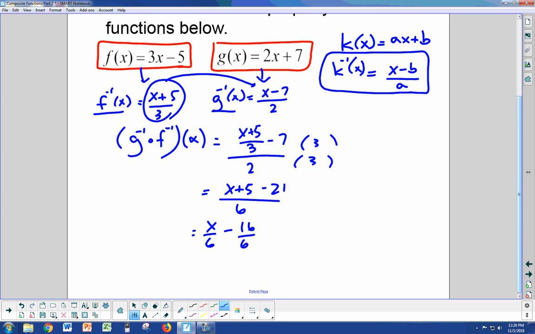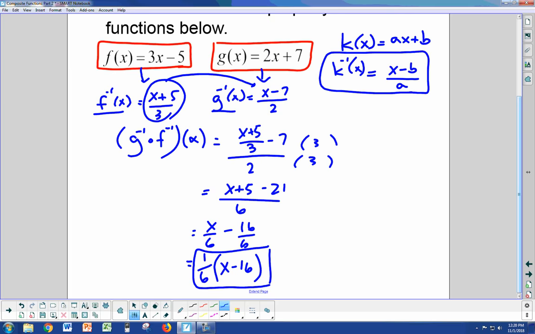Okay, so that's my function. So that's an equation. Now, if I wanted to, I could factor out that 1/6 so I could see it as a slope, so it would be 1/6 times the quantity (x minus 16). Okay, I'm going to box that. That is the right-hand side.